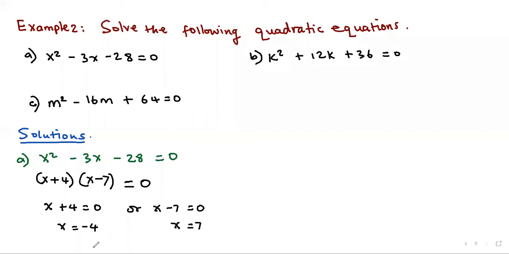So our solutions are x equals negative 4 or x equals 7. Okay. Now let's look at part B.